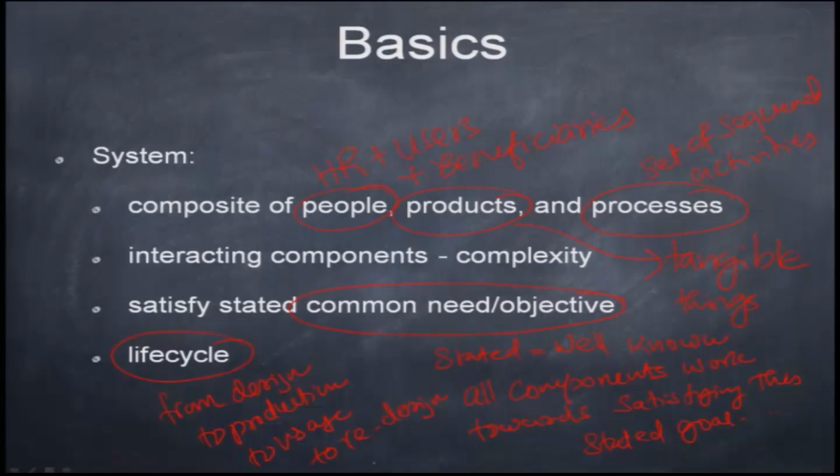So it is a cycle where you start from the design, then you move to production, from production you move to usage, from usage to redesign, and the cycle continues. So the life cycle of a product is actually a mechanism in which the product goes through multiple iterations and improvements. All these are terms that we will come across in the discussion of this course.